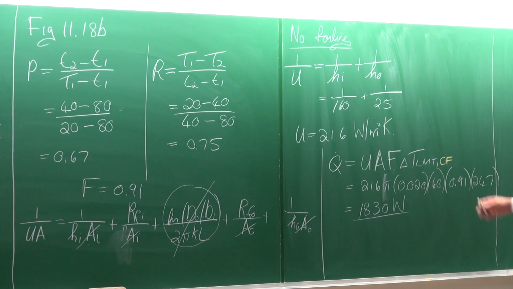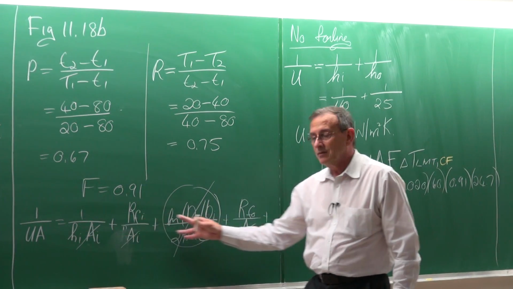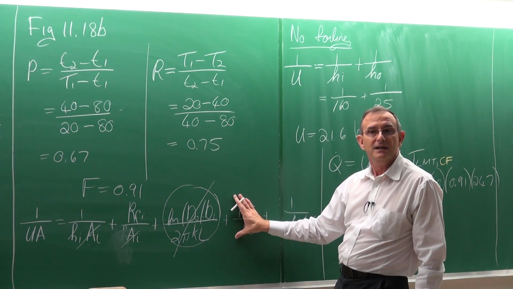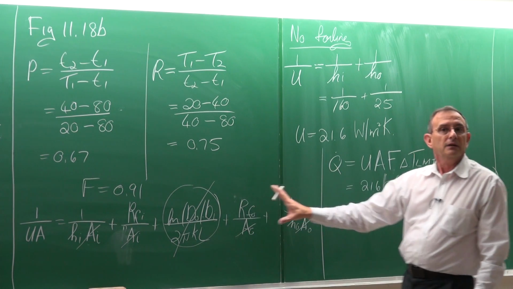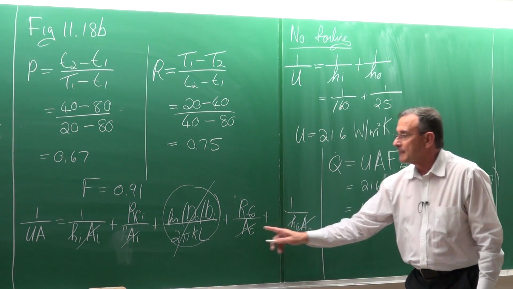Okay. So when doing this, we've looked at this resistance term, and we've said that firstly, no fouling, so we didn't add this term. Now we need to redo it, but we need to add that term.